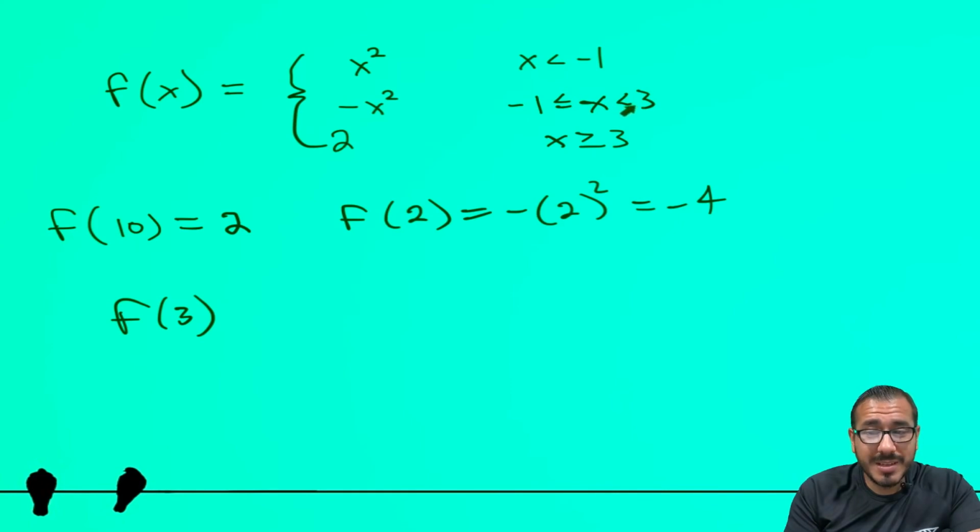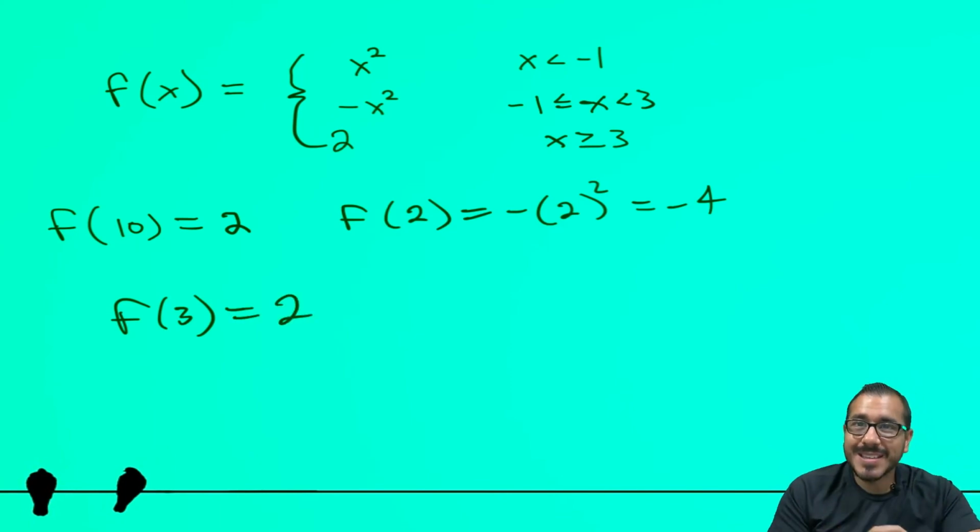Well, look what it says here. It says x is strictly less than 3, so it's actually not included here, so we're not using this piece. Is 3 included here? Well, it says greater than or equal to 3, so yes. So we're using this function right here, and boom, it's that easy, folks.